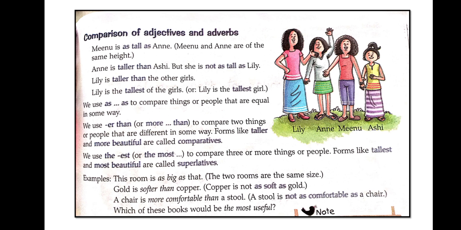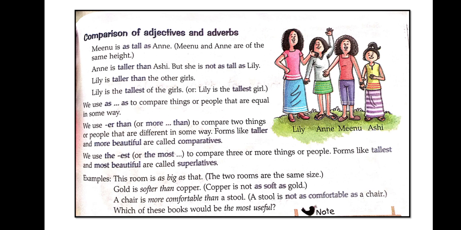Annie is taller than Ashi, but she is not as tall as Lily. Here it is written that Annie is taller than Ashi, which means Ashi is shorter. You can see in the picture her height is a little short in comparison to the other two girls, right?